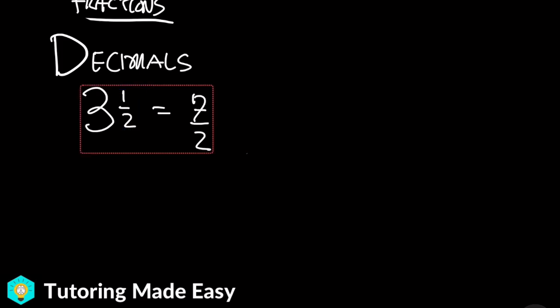And then now we can go into changing this into a decimal. We go into what we call the long division form. This is what is doing the division, right?